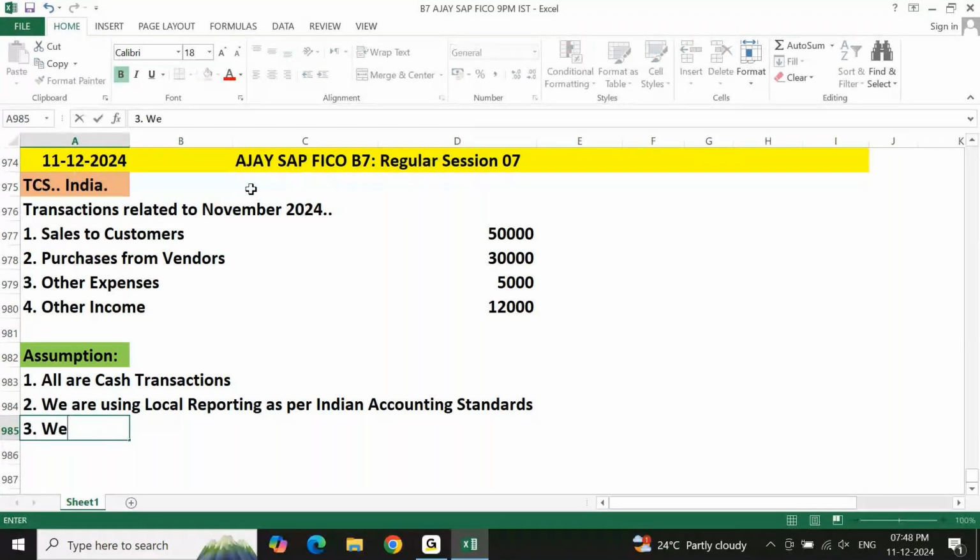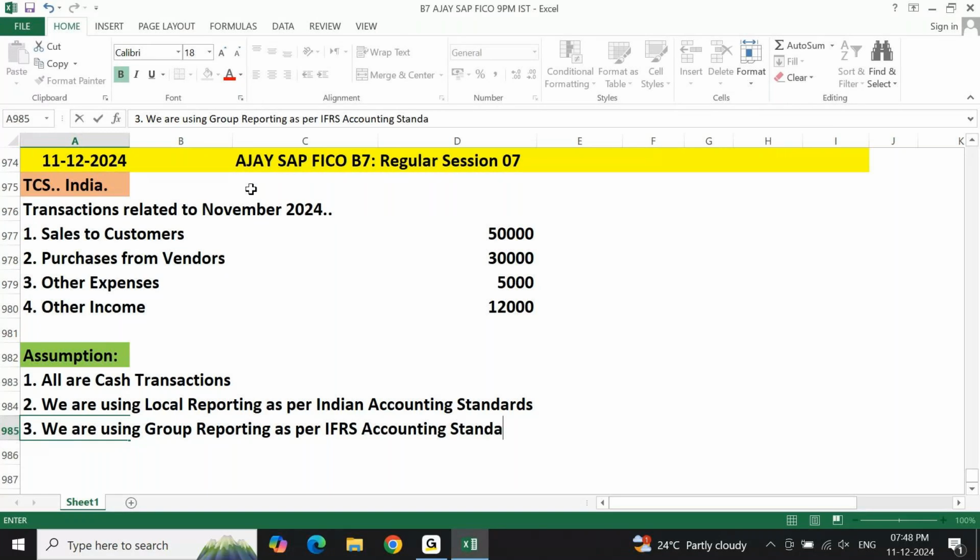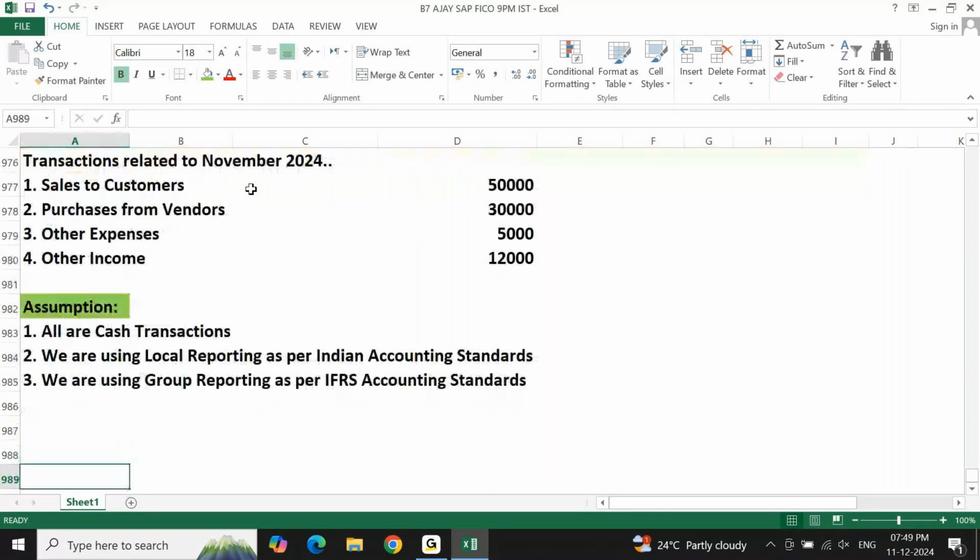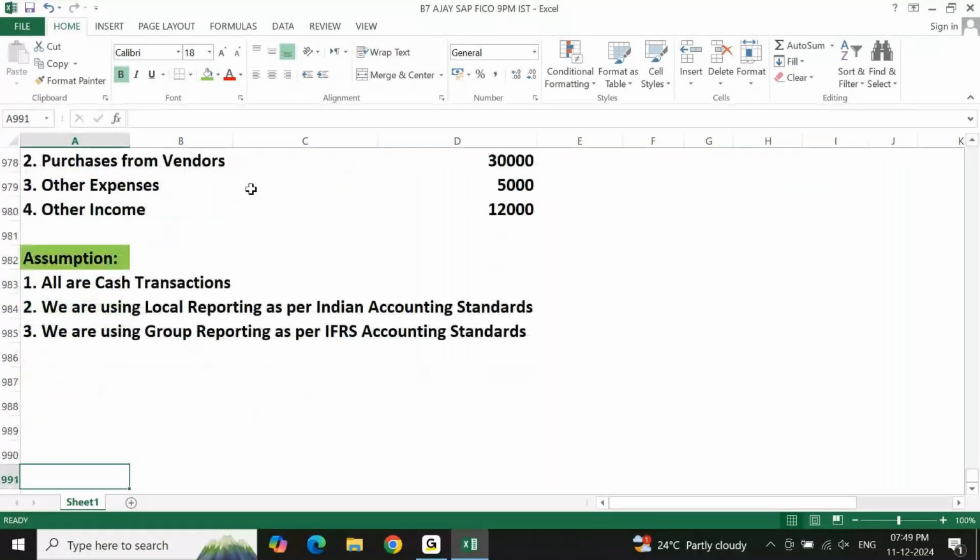Third point, we are using group reporting as per IFRS accounting standard. Okay, one as per Indian accounting standard, two as per IFRS accounting standard. Are these three assumptions clear? Yes. So what we will do, we will try to write the accounting for these two.